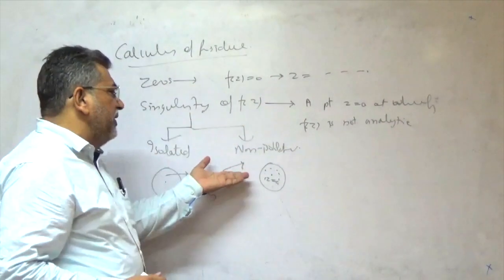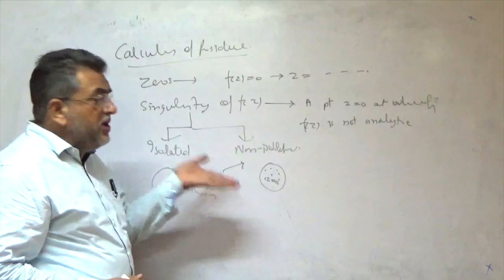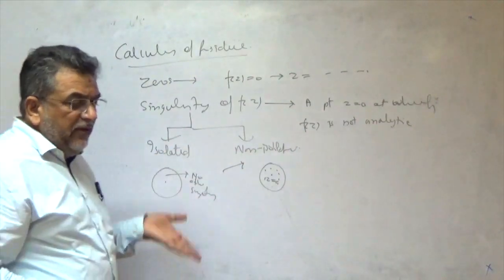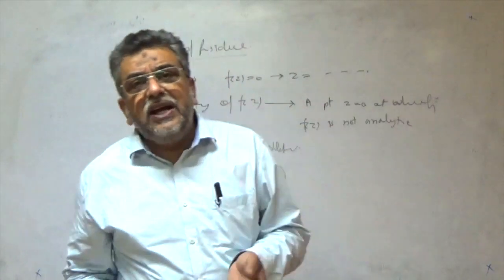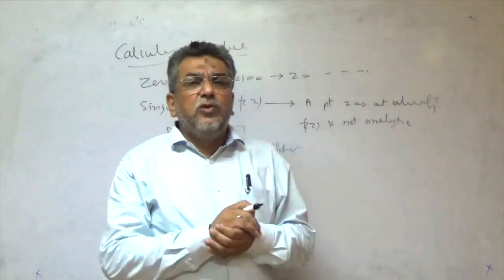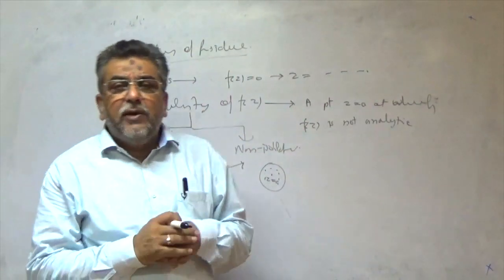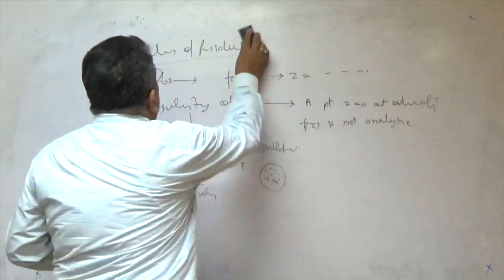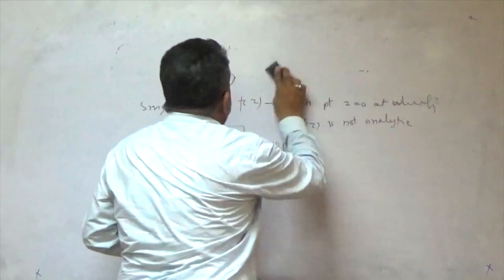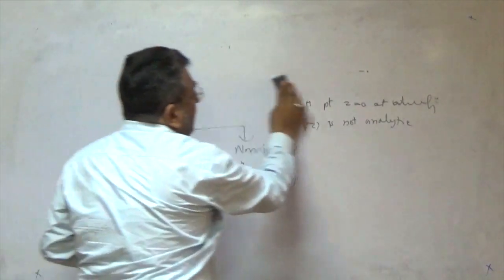Non-isolated singularity is not a part of our curriculum, but if we study isolated singularity further, then I see that there are various types of singularities like poles, removable singularity, and essential singularity.